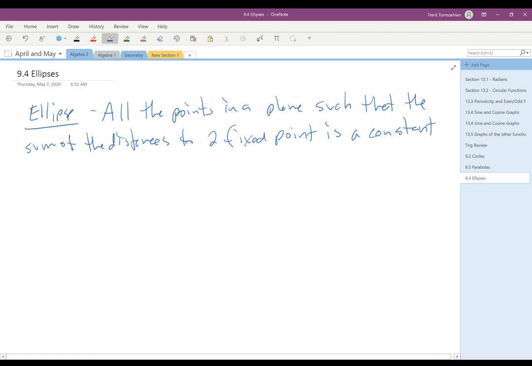It's always going to be the same length. So we're going to use this definition to derive what the algebraic formula for an ellipse looks like.